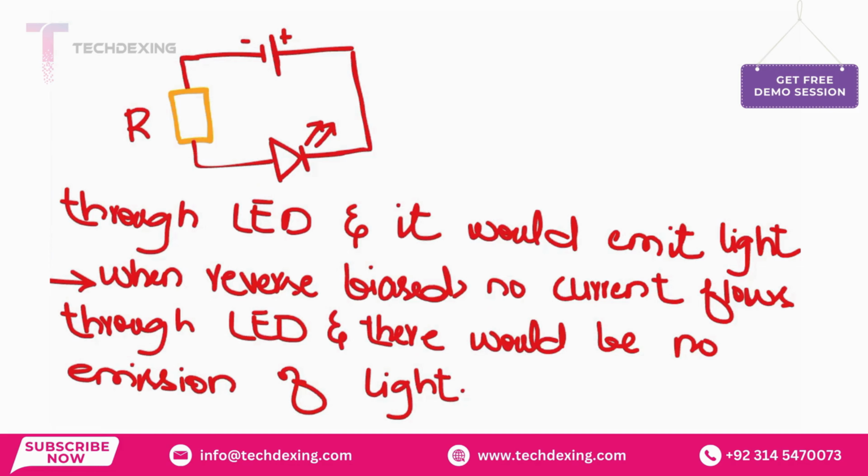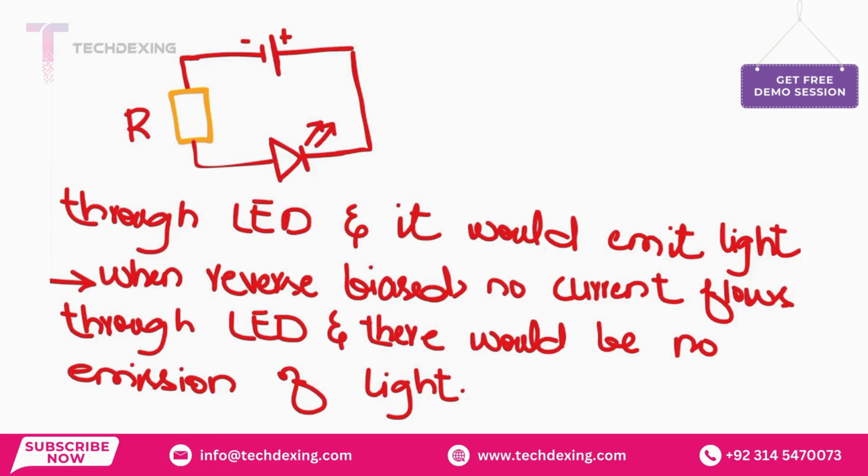In forward bias the anode is positive and the cathode is negative, and in reverse bias it would be reversed. So the terminals of the charge will be reversed, so there will be less current flowing and more resistance.